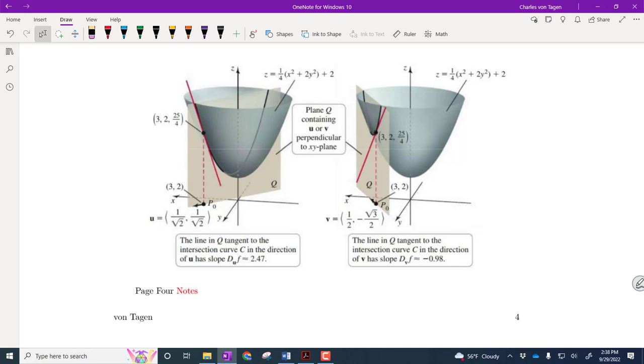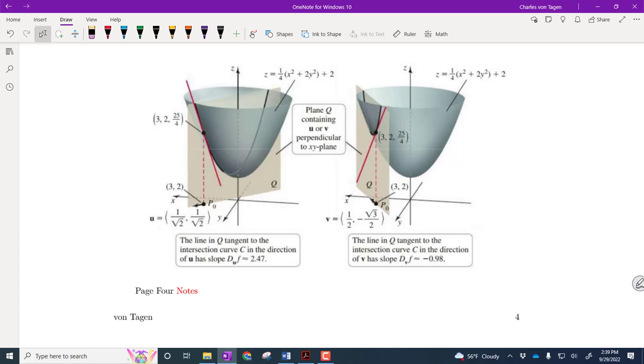Here's the picture right here, and there's the decimal approximation, 2.47. So what we're saying here, folks, is if I go to this point in the domain, and I take my compass, which gives me a vector pointing in R2, and I go in the direction of this unit vector here. If I were to take one step in that direction, I would expect my z coordinate to rise by 2.47 units, approximately.